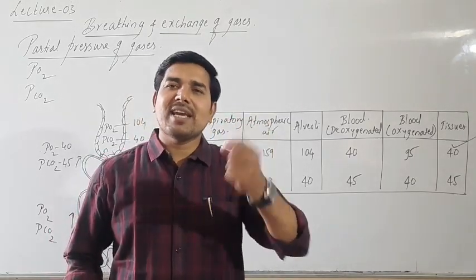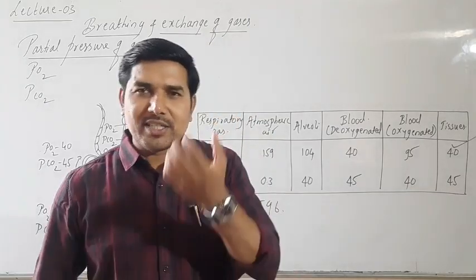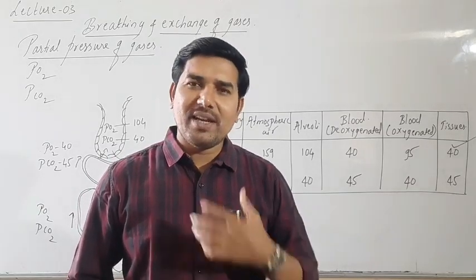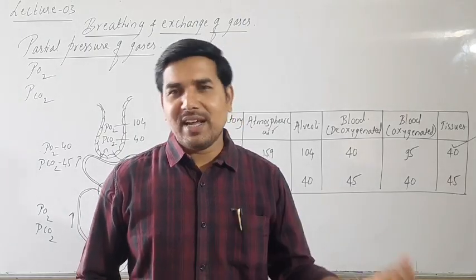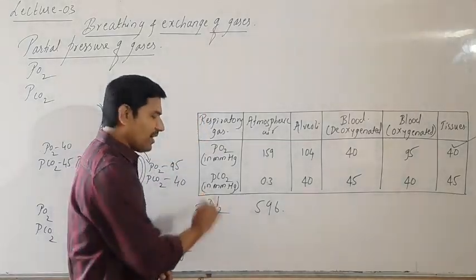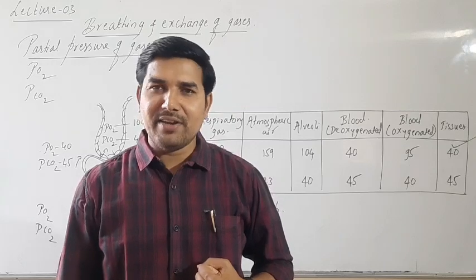As nitrogen is inert, it does not react with anything else. If we are respiring nitrogen, it does not affect our lungs and does not combine or react with any other gases. It goes and again comes back to the lungs. This is the specialty of the nitrogen gas in inhaled air.